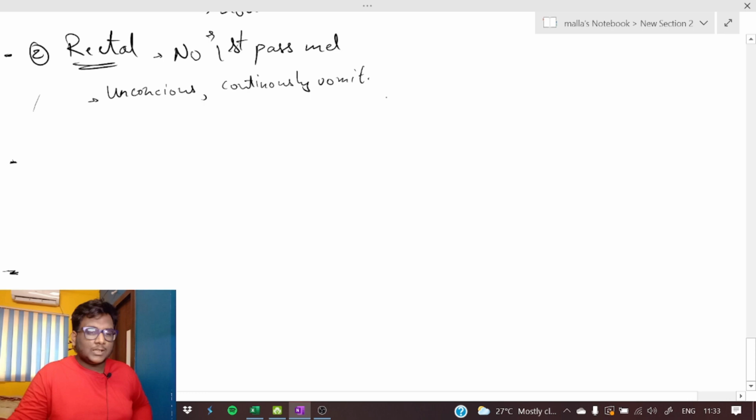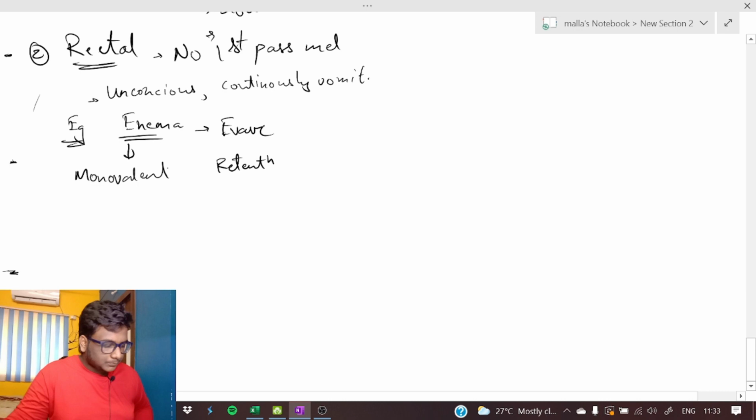Main example for rectal form of route of administration is enema. It is the most common one. There are mainly two types of enema: evacuation and retention. Enema is nothing but monovalent soap. In evacuation enema, it is used to remove the bowels from the rectum, to evacuate the bowels.